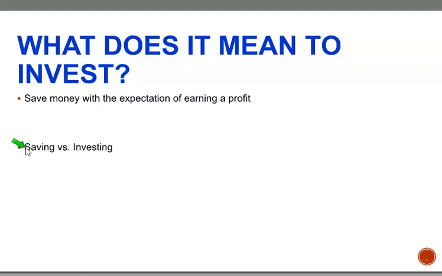In the last couple lessons we talked about saving 5% of our paycheck: 5% for retirement and 5% for emergencies, so a total of 10%, but 5% for each. We took that money and put it in a savings account.